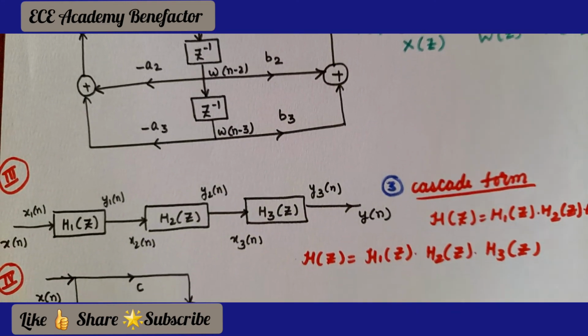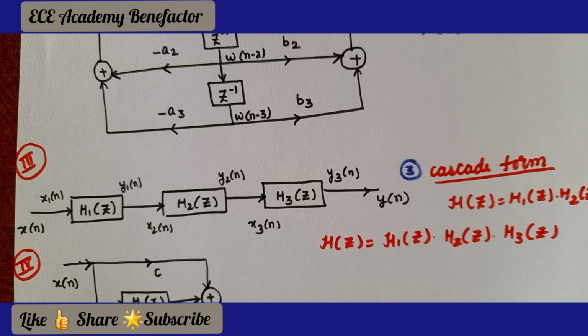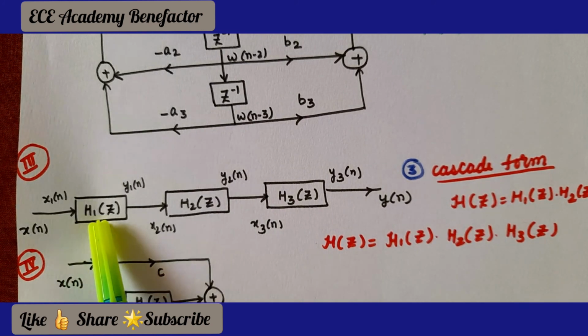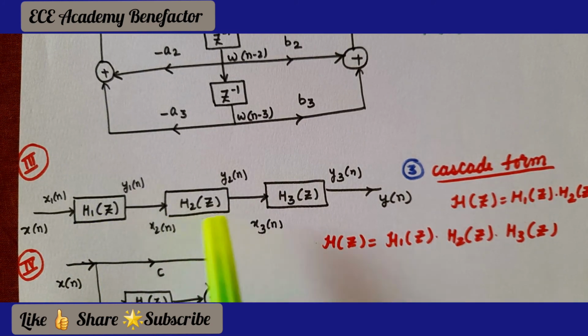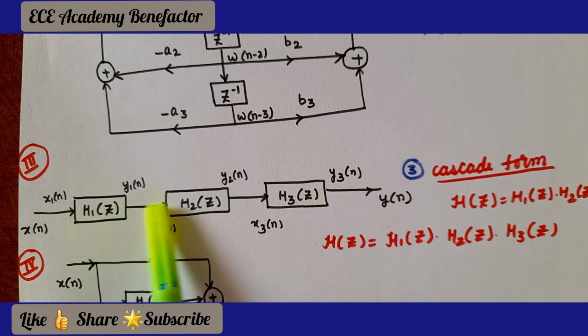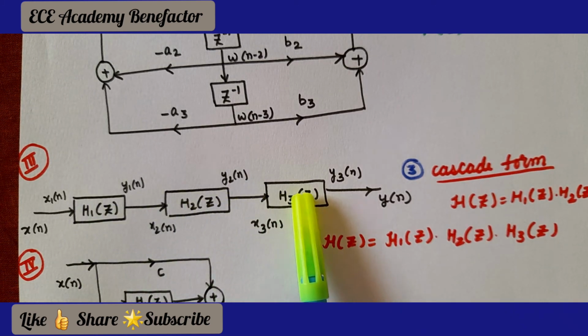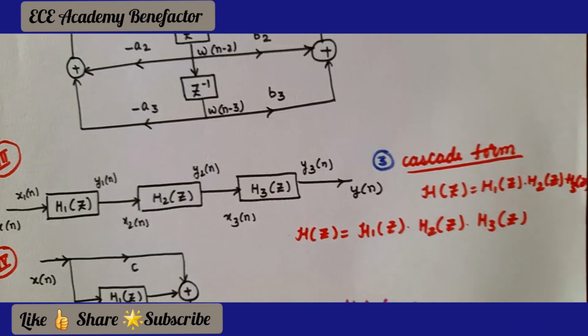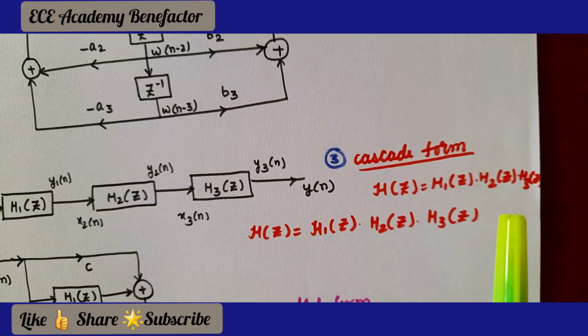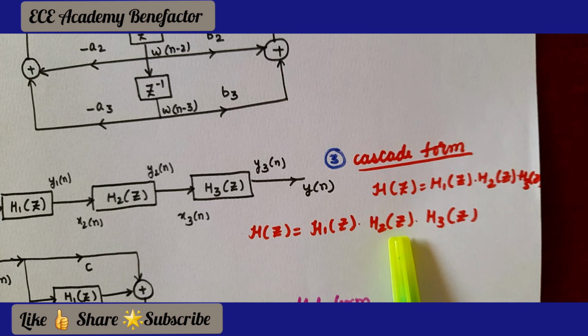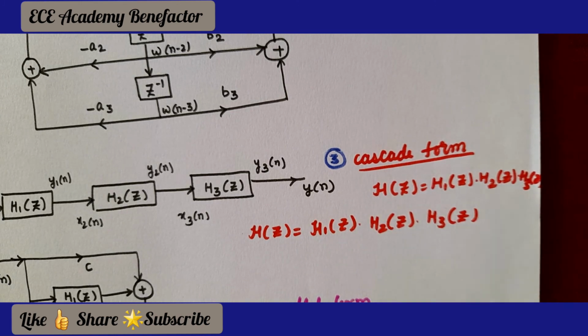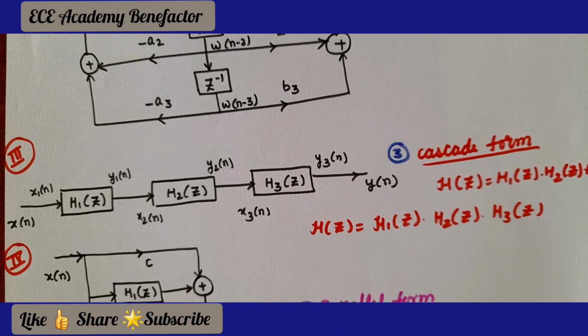Coming to cascade realization, H1 of z, H2 of z, H3 of z all are connected in series, and H of z is the product of all the 3 transfer functions. H of z is equal to H1 of z dot H2 of z dot H3 of z, cascade form.